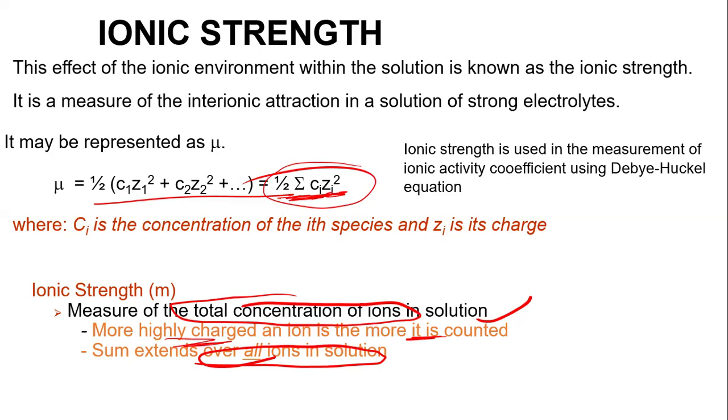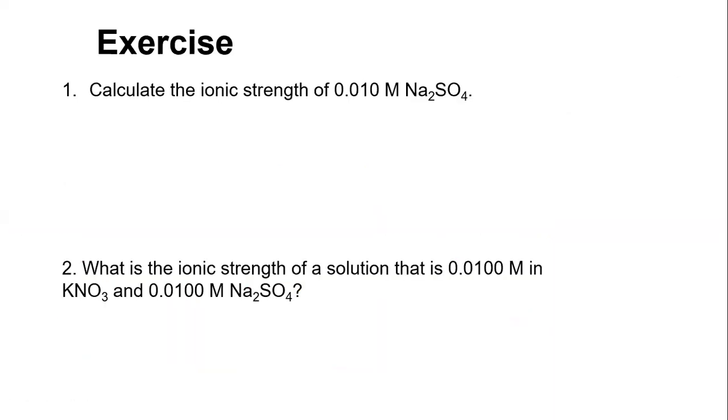How it does that is that it helps us determine the ionic activity coefficient, and the ionic activity coefficient will go ahead to help us find the activity. So the ionic strength will not exactly directly help us find activity. It would first of all help us find the ionic activity coefficient. What will help us do that is the Debye-Hückel equation. We'll talk about that, but let's do some calculation.